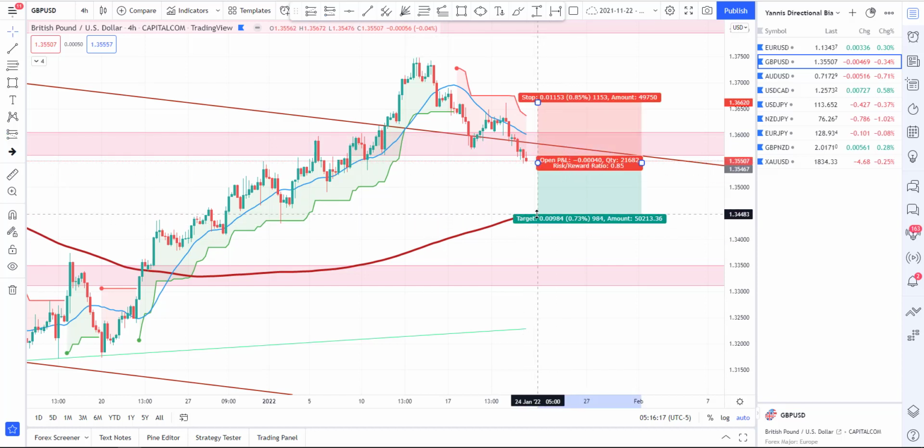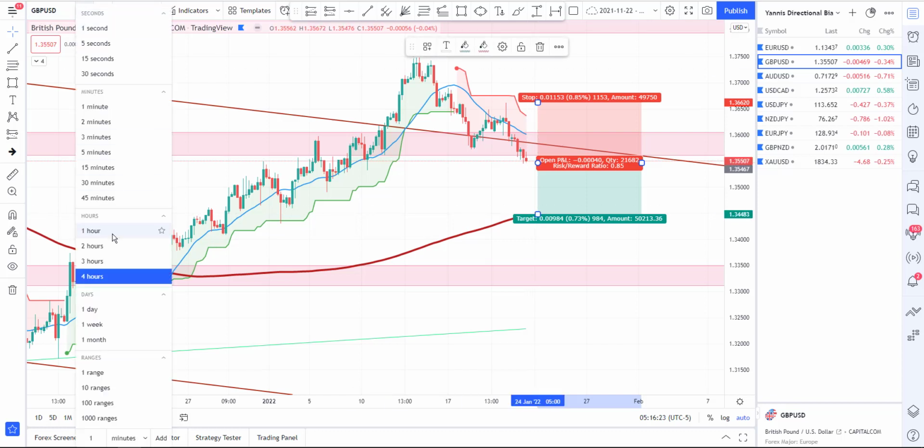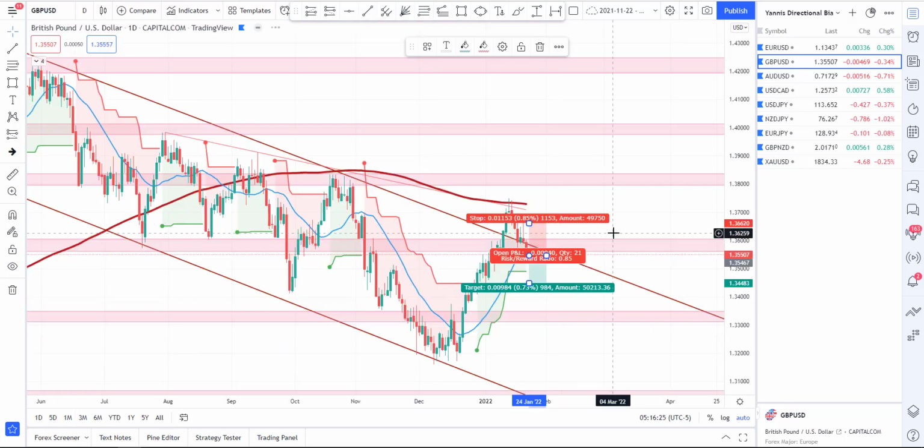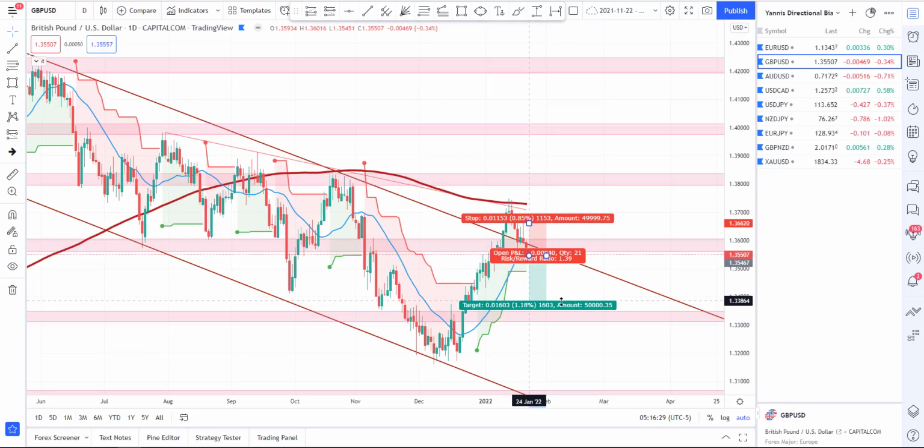And my target, knowing that price will react to the 200 moving average on the 4 hour, but if we move back up to the daily, you will see that the daily does provide a much better target.